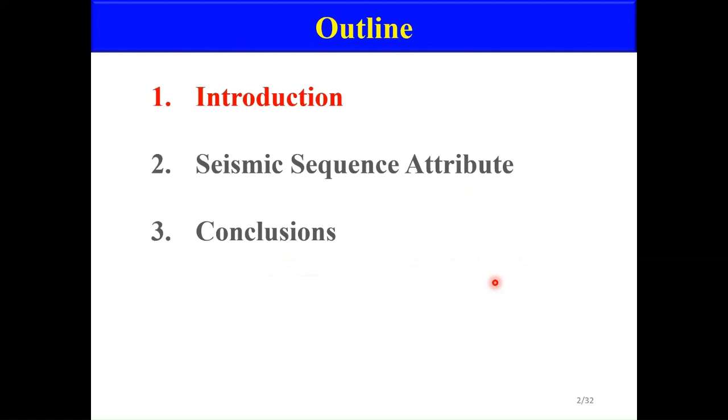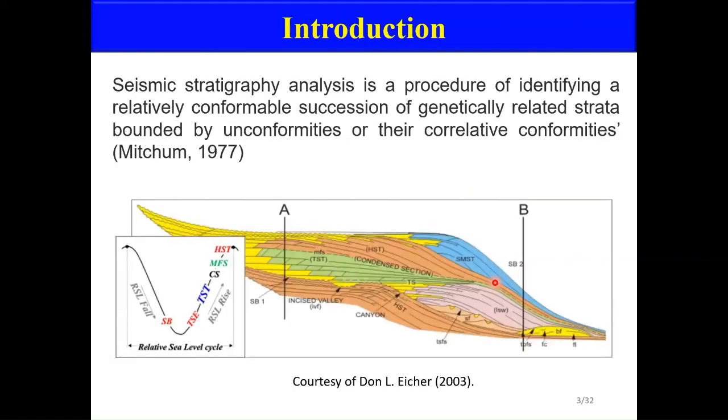My presentation consists of three parts. So let's first see why I'm interested in the seismic sequence boundary attributes. In these slides, this photo is a world famous systems tracts chart defined by geologists.